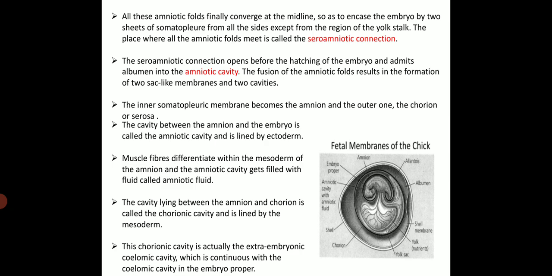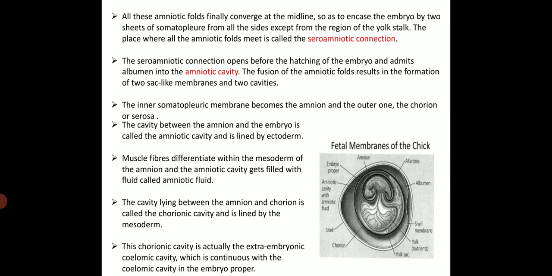The inner somatopleuric membrane becomes the amnion, and the outer one becomes the chorion, or you can call it the serosa. The cavity between the amnion and the embryo is called the amniotic cavity, and it is lined by the ectoderm.